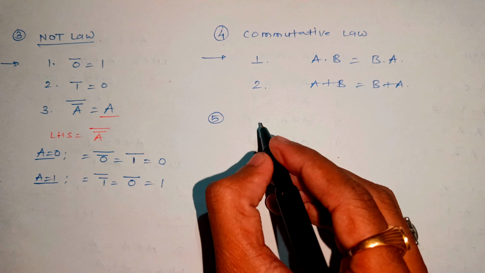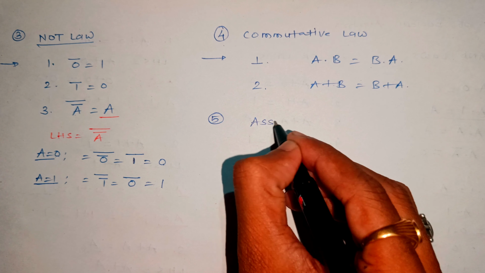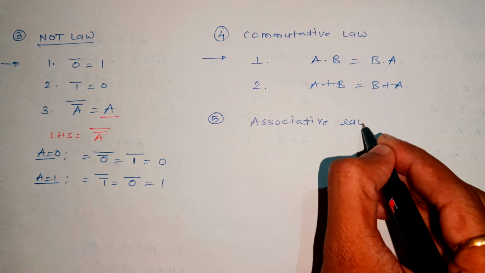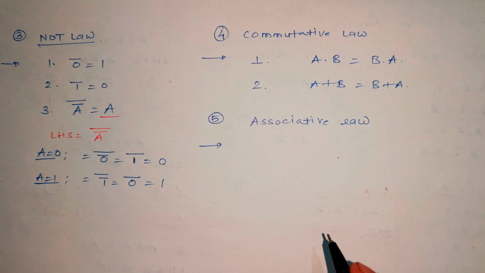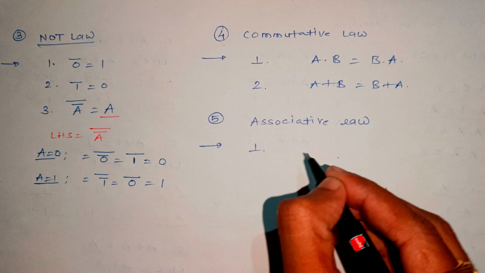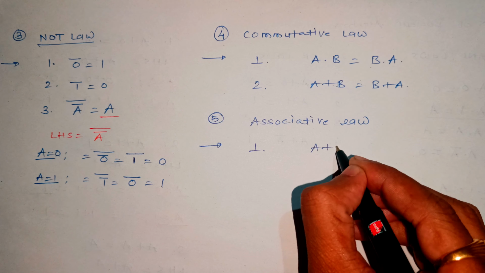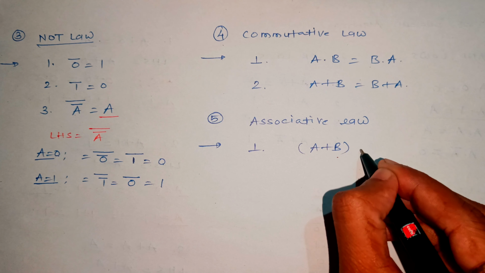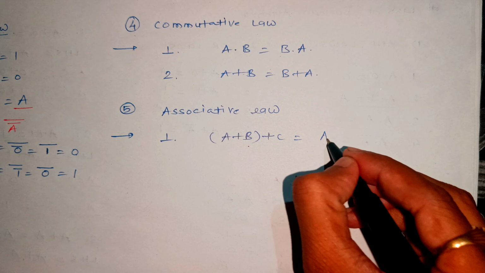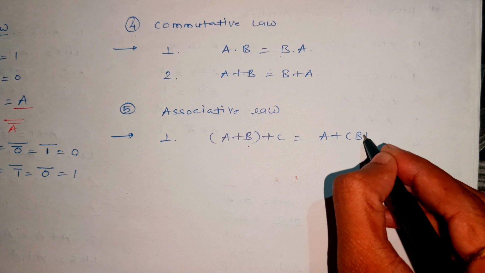Fifth law is called as associative law. Now how can you define associative law? Let's suppose we have a group of variables, that is more than one variable. So if I take the first law as a plus b in first bracket plus c, I can write the same as a plus another bracket b plus c.